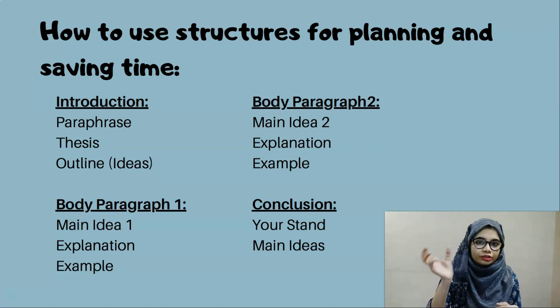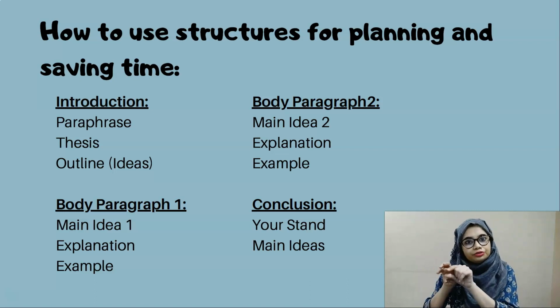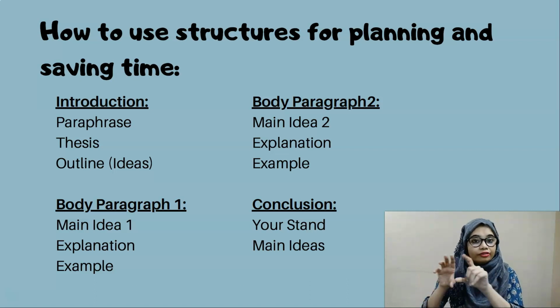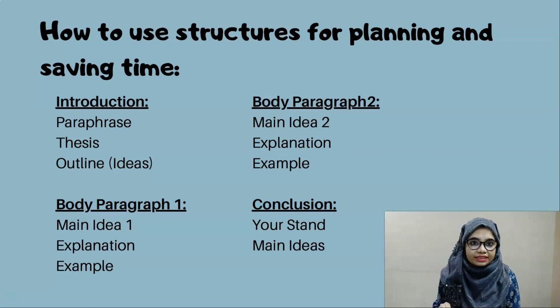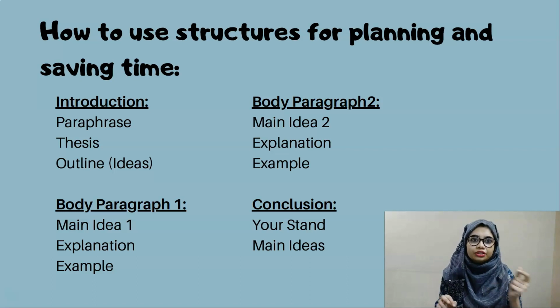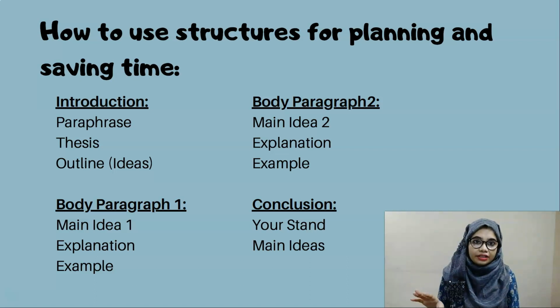In short, you will be writing your main ideas. And then body paragraph 1: how am I going to frame my topic sentence, what am I going to include in my explanation, what would be my example. In short, you can give 3 to 5 minutes and map this out entirely.